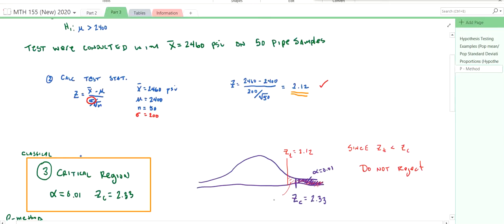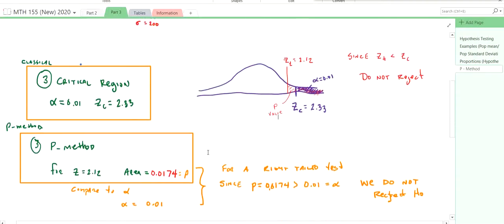We call this P, the P value. If this area is larger than the purple area, we would not reject. If the area is smaller than the purple area, so essentially our Z test falls in the critical region, the tail area to the right of our test stat would be smaller than alpha, and we would reject the null hypothesis.